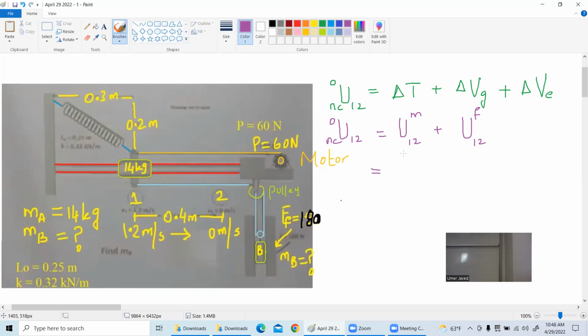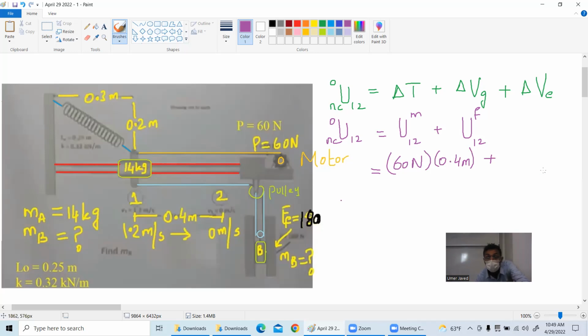Do it. Okay. So if you are wondering what exactly you will have to do, I will just help you a little bit. You will say that 60 Newton multiplied by the distance from 1 to 2, and that is, I suppose, 0.4 meter, plus U12 friction.